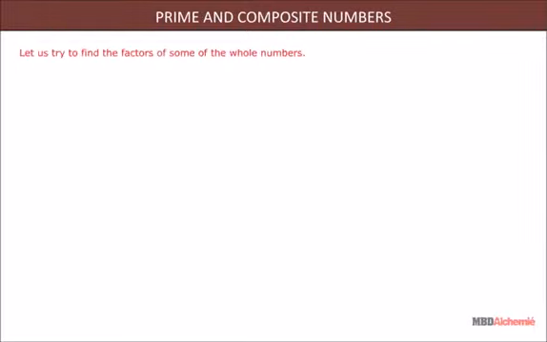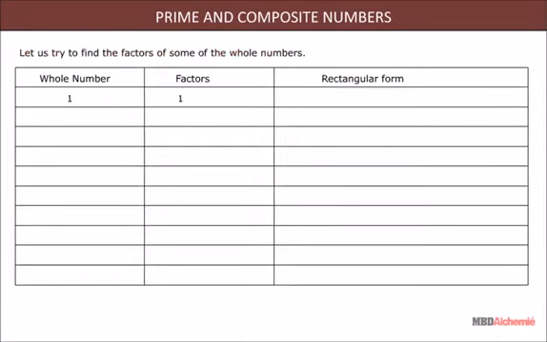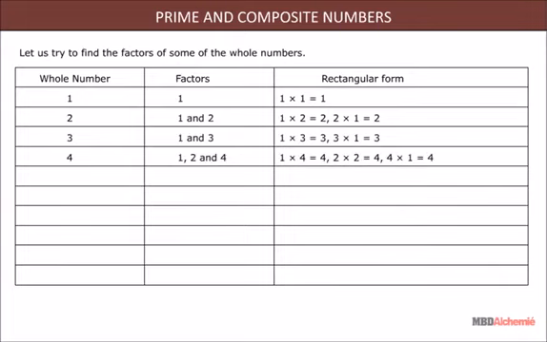Prime and composite numbers. Let us try to find the factors of some of the whole numbers. Factor of 1 is 1. Factors of 2 are 1 and 2. Factors of 3 are 1 and 3. Factors of 4 are 1, 2 and 4. Factors of 5 are 1 and 5.